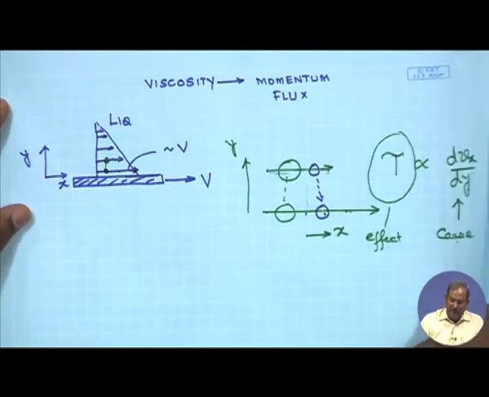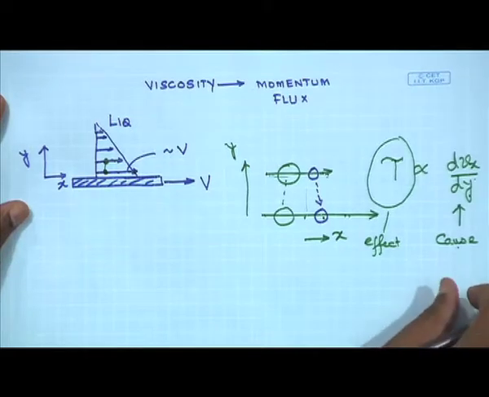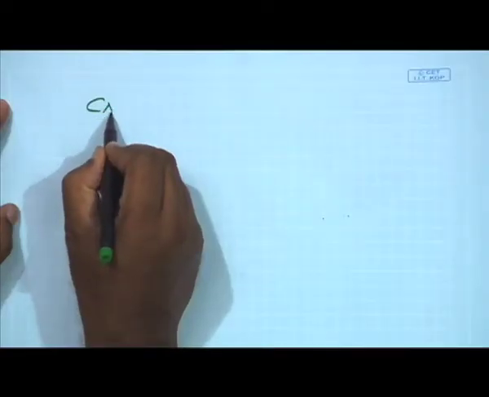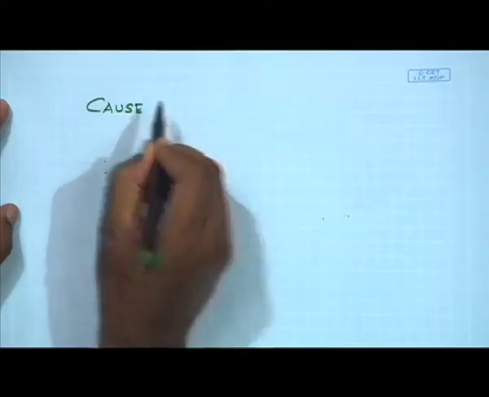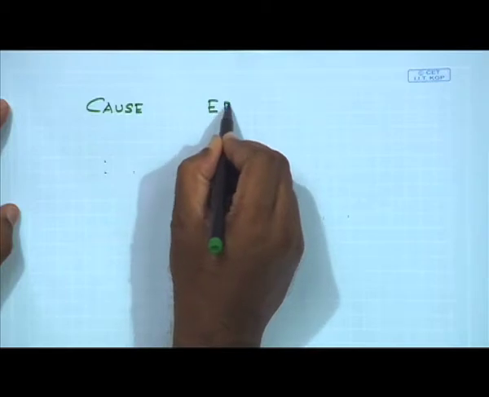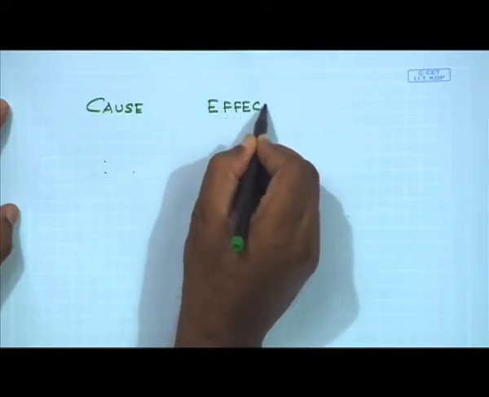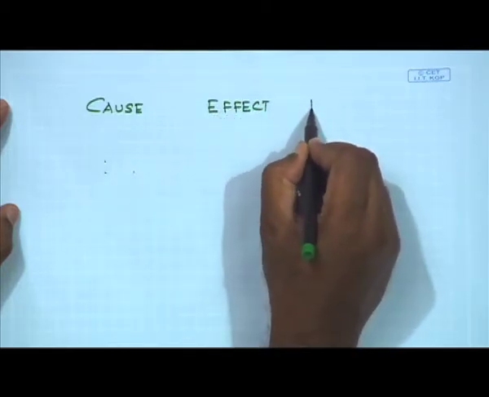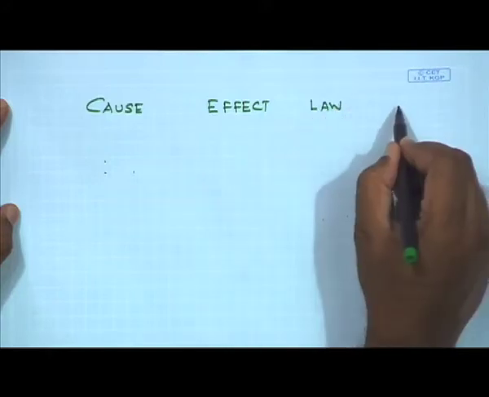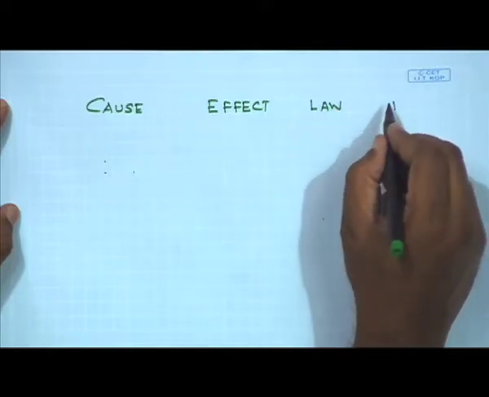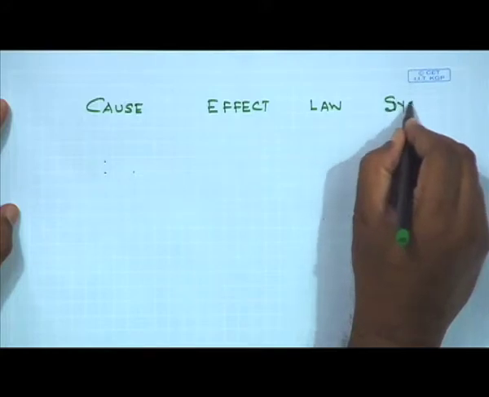And we have seen these in other fields of engineering, so here I would like to identify the cause, I would have the effect, then I will have the law and the system property.